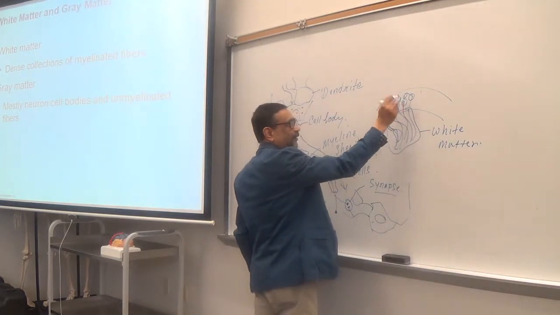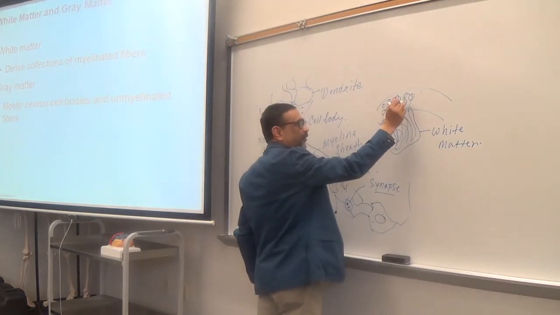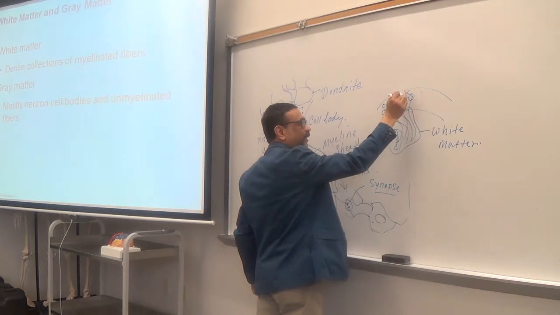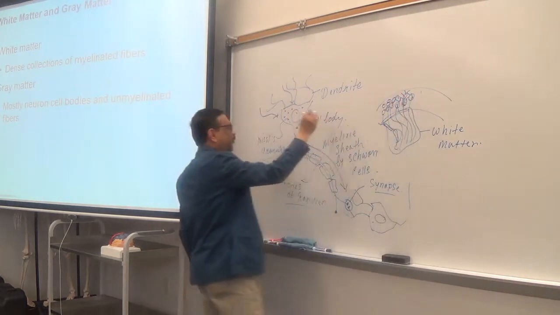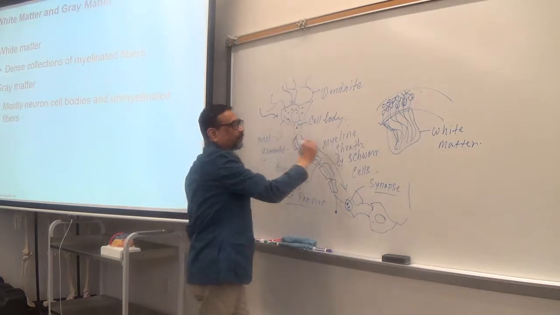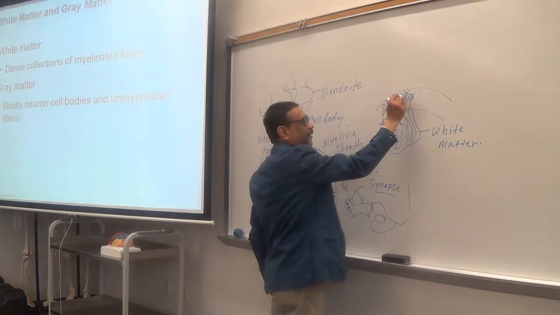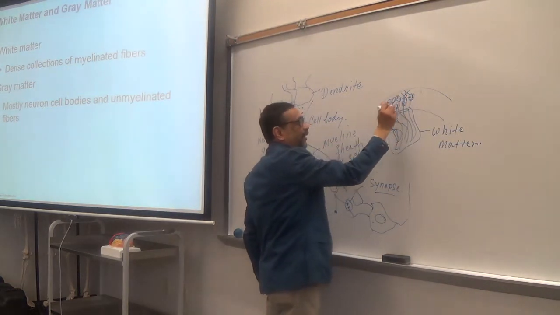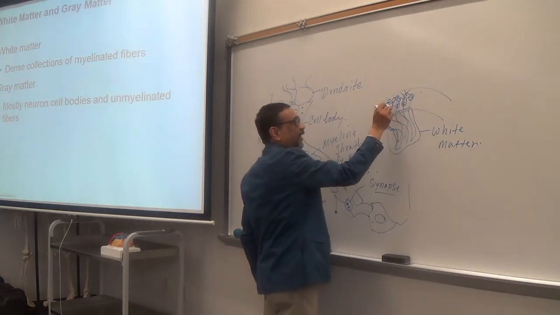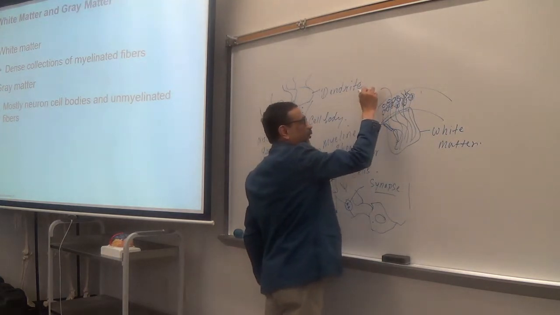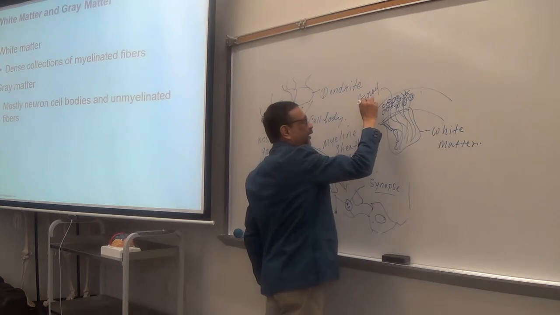And in this part, you have all the cell bodies and dendrites. Inside the cell body, you have Nissl granules. And this part looks gray. That's why it is called gray matter.